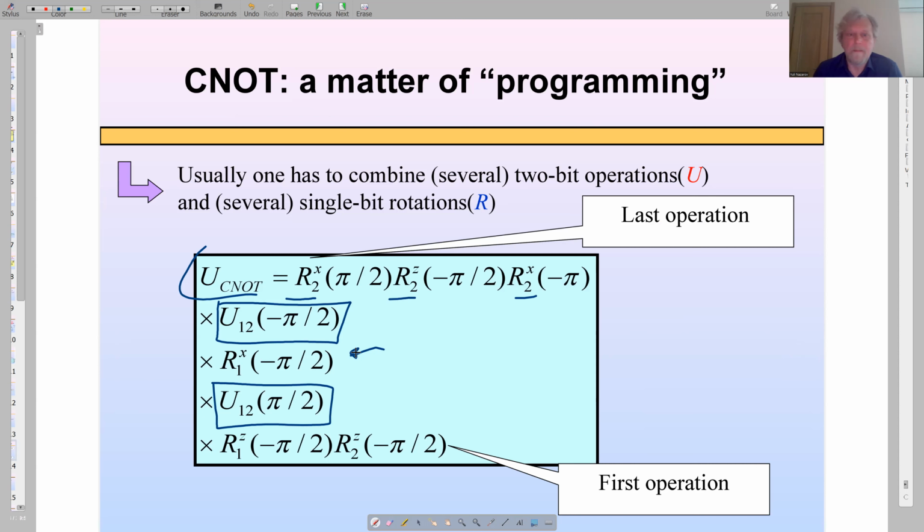So it's a matter of programming how to make from elementary unitary operations a unitary operation, a unitary matrix, which you want.